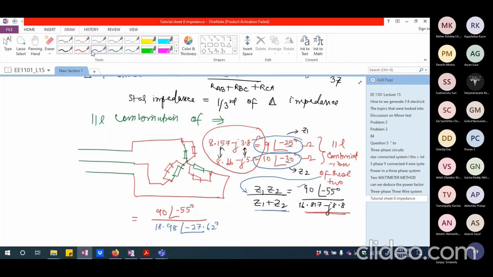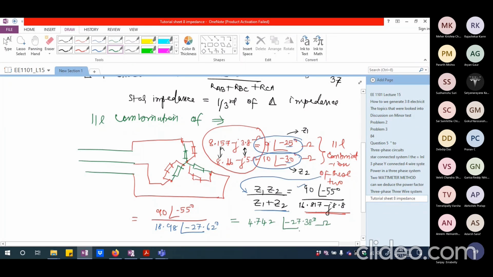Okay. Now, when I want to get the overall, this is 90 divided by 18.98, so it will be slightly less than 5. That is 4.742. And minus 55 plus 27.62 comes out to be minus 27.38 degrees.